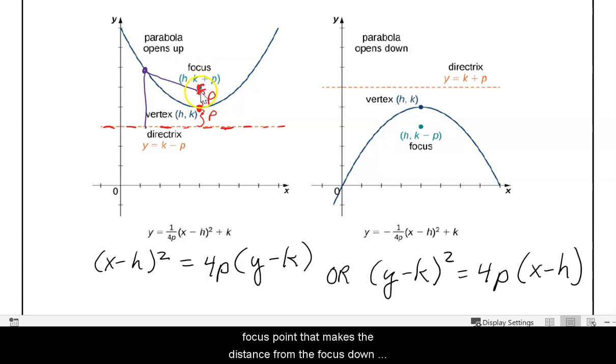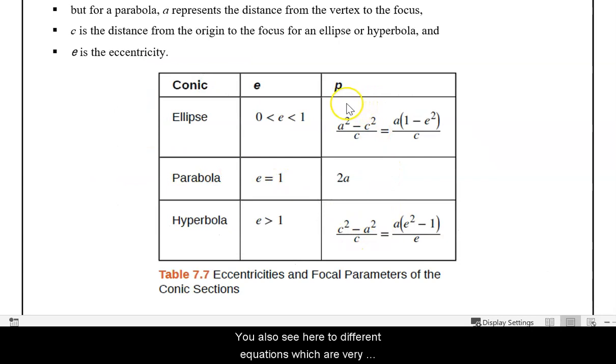That makes the distance from the focus down to the directrix 2p, or on the table 2a. You'll also see here two different equations which are very similar and yet not the same for the ellipse and for the hyperbola.